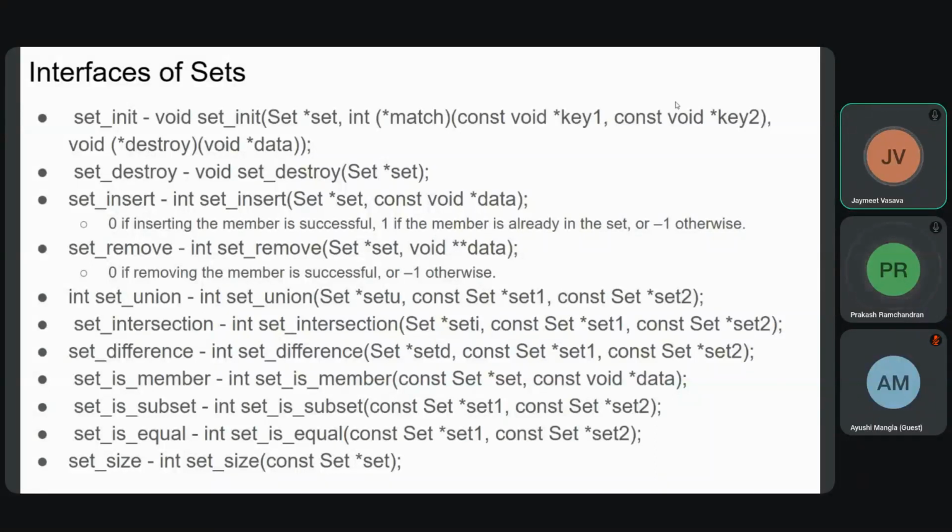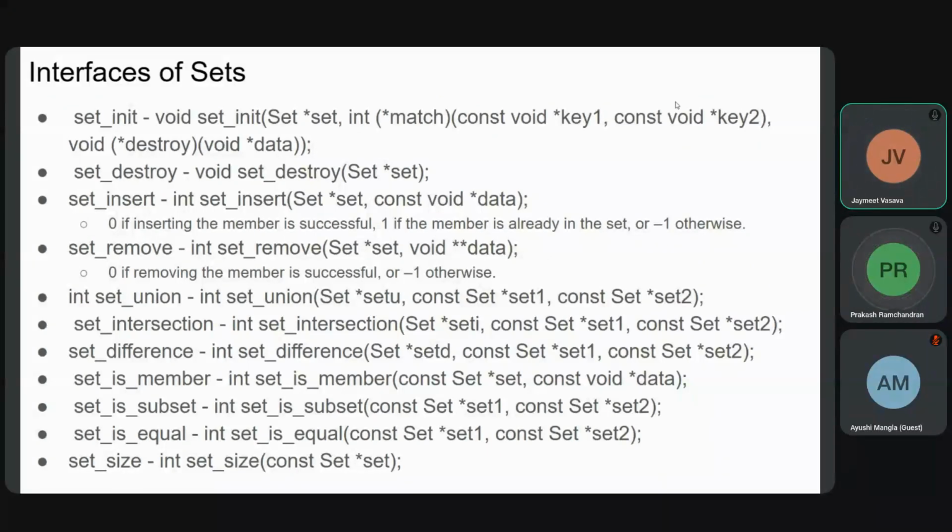These are the common operations we just saw about sets. Those operations will be done with the help of set U, set I, and set D for union, intersection, and difference, by comparing the other two arguments, set 1 and set 2, for all three of them.